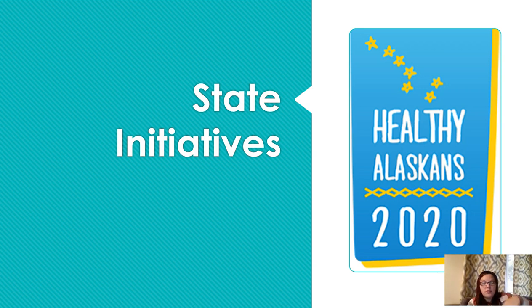So a few bigger picture ways that health promotion is used. We have our state initiatives. So Healthy Alaskans 2020, and they don't have a cool logo just yet that I could find that I could pop in here for Healthy Alaskans 2030. That is our state initiative that is modeled after Healthy People 2020.